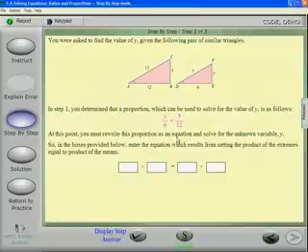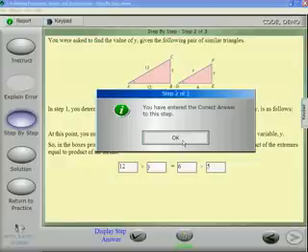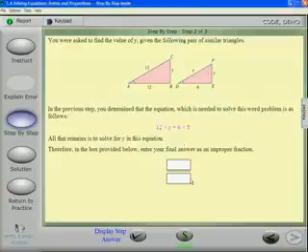Multiplying through the equal sign, 12 times y equals 6 times 5. If I multiply 6 with 5, I have 30, and then divide both sides by 12.